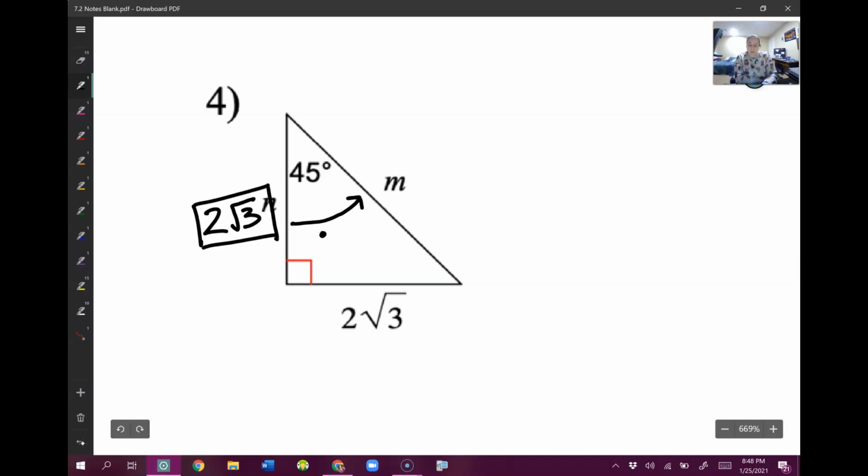So I'm going to multiply by my magic number, root 2. So I'm going to take this side, 2 root 3, times root 2. Now, just so you know, any numbers that are inside the roots, you can combine together, so you get 2 root 6, actually. And those are our answers.